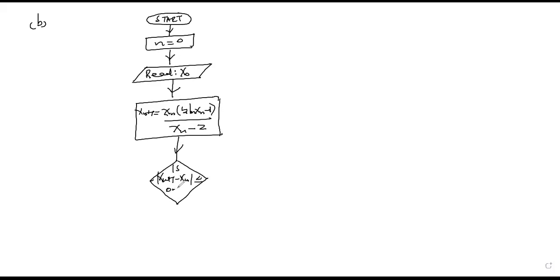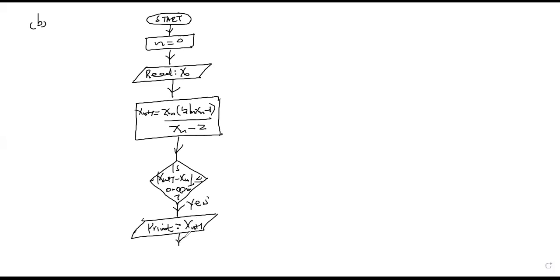We are given 2 decimal places, so 0.005, of course with a question mark. After asking yourself that question, if it is yes, then you print what you are told, and we are told that we shall print the root, which is xn plus 1, but you must use a parallelogram. So we shall say print xn plus 1.